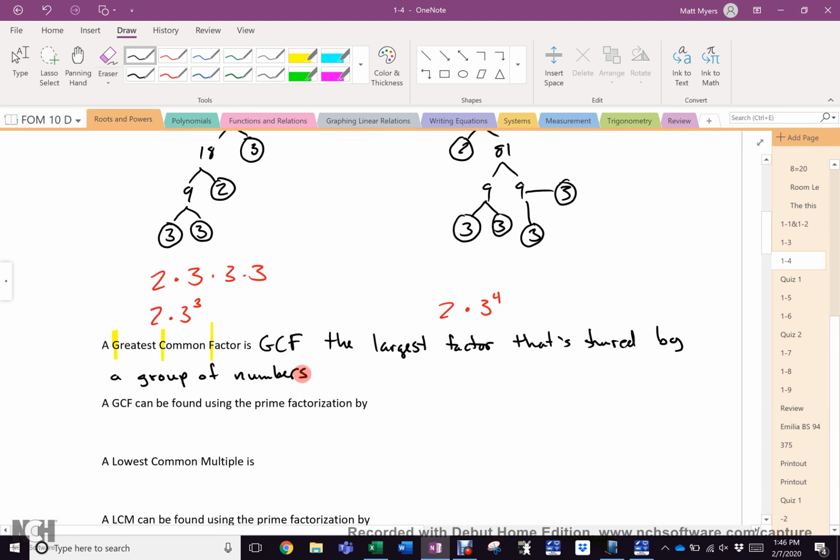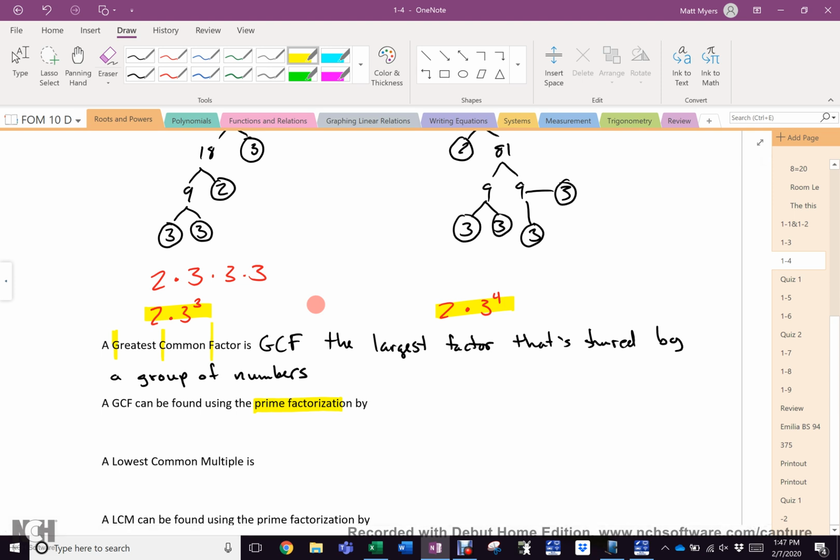All right? So, do we have a group of numbers on this page? 54 and 162. Two of them, right? You find the GCF when you have prime factorization. That and that is prime factorization. Because do you see any numbers highlighted in yellow that are not prime numbers?